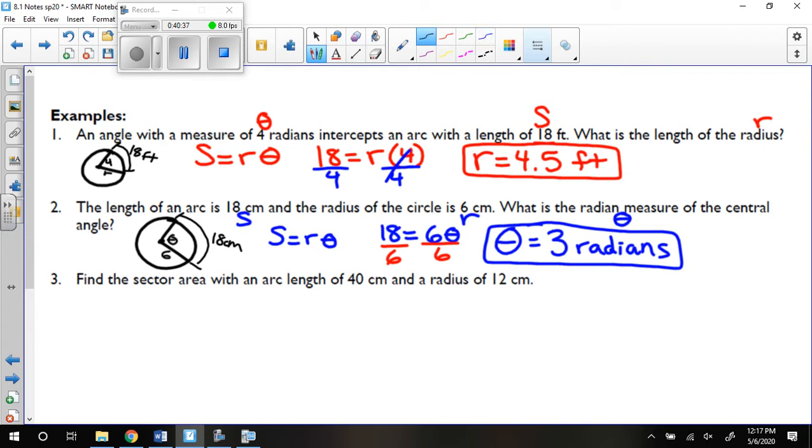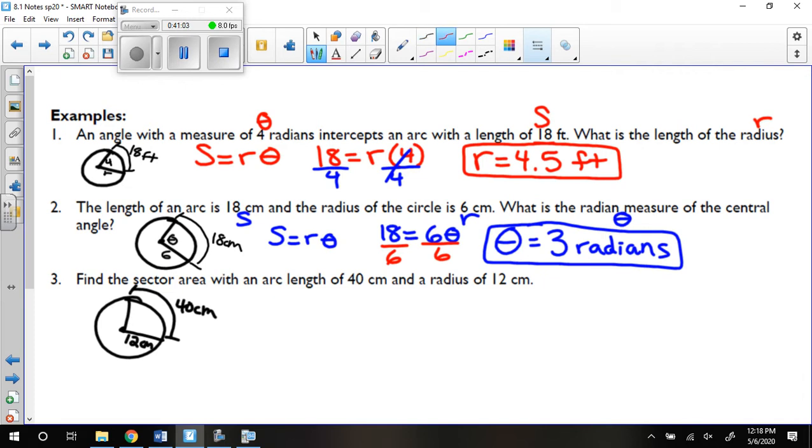Number 3. We've still got a circle here. This time we're finding sector area. So we're finding actually the measure of this slice of pie, the area of it. We're told we have an arc length, so from here to here is 40 centimeters, and a radius of 12 centimeters.